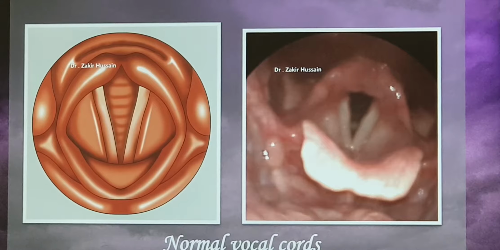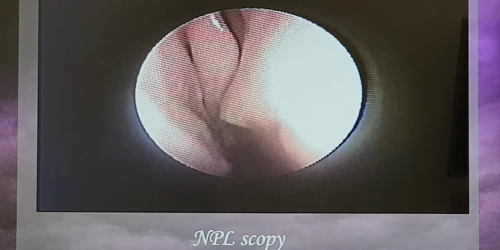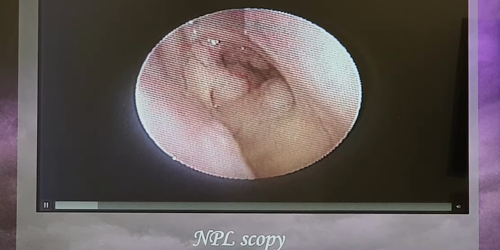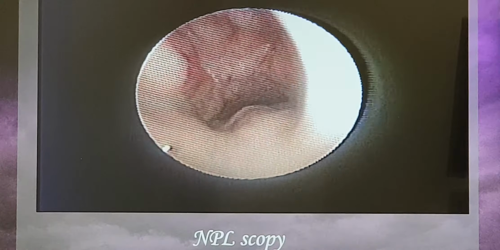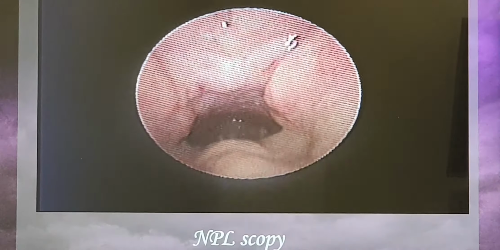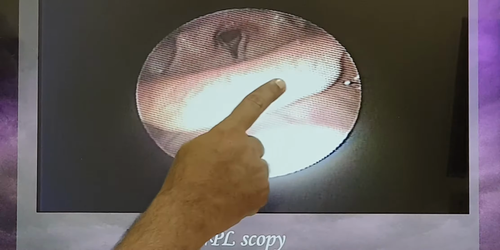So this is a picture. I'll show you a video also of how it works. This is nasopharyngo-laryngoscopy, where I'll show you the normal movements and the normal structure of the vocal cord. The endoscope is introduced through the nasal cavity, and now it's behind the nose, the part called the nasopharynx, and this is the start of the voice box.